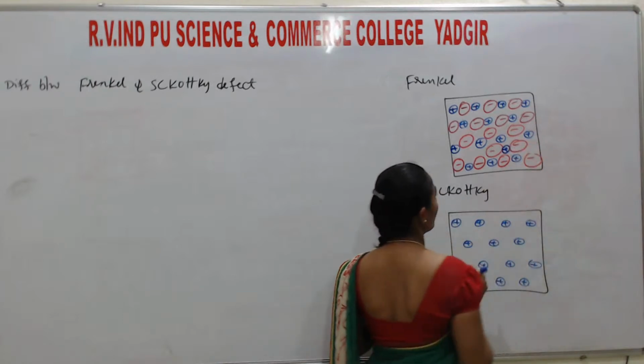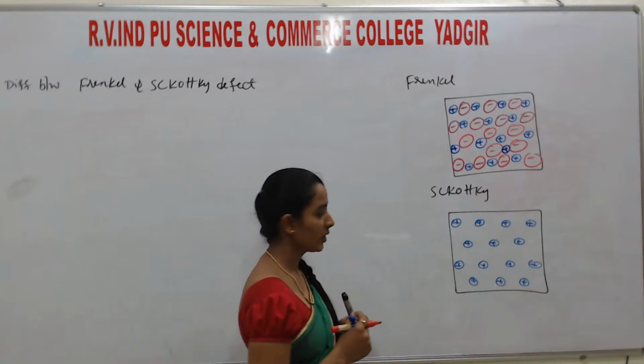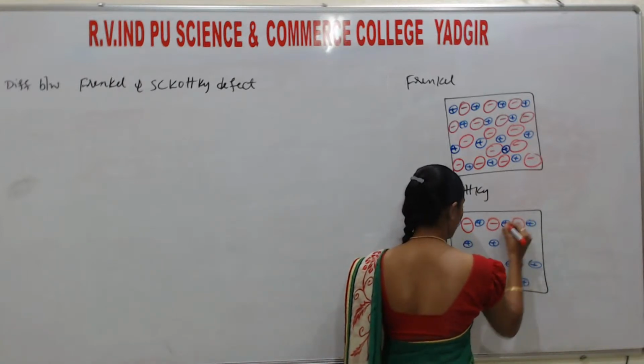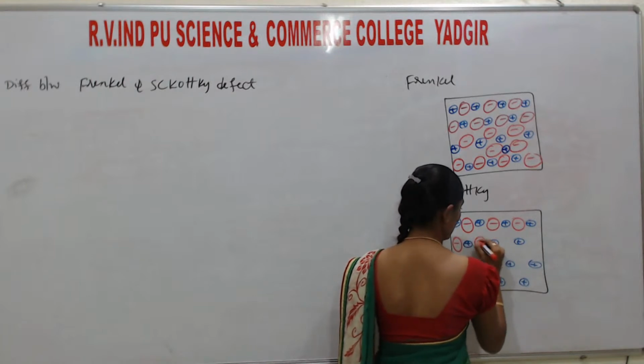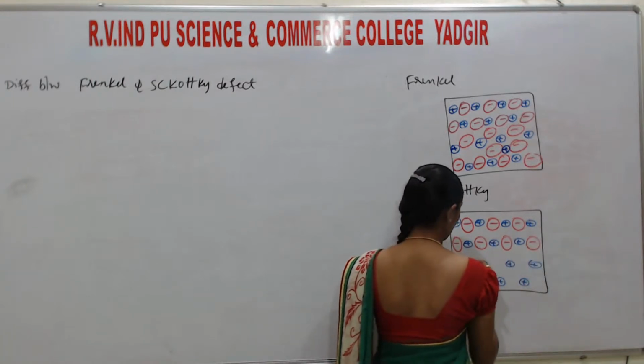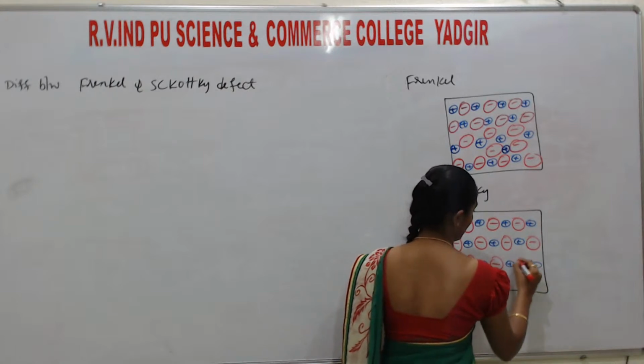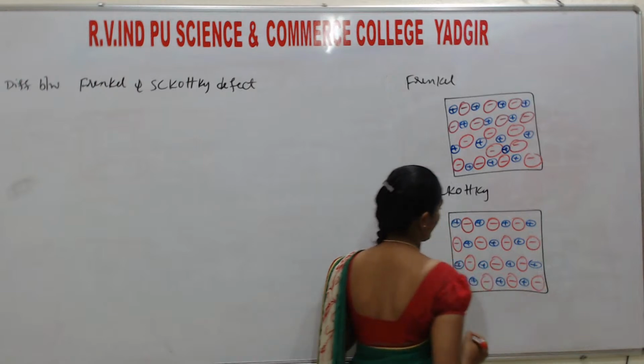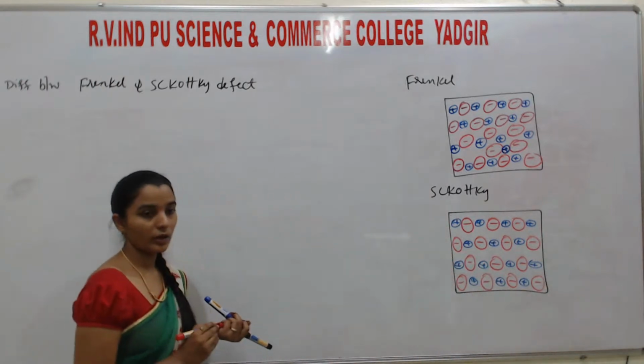You will write here plus charge. Here also, this is minus. So here what happens, students?